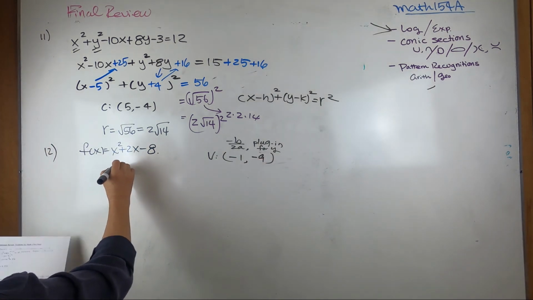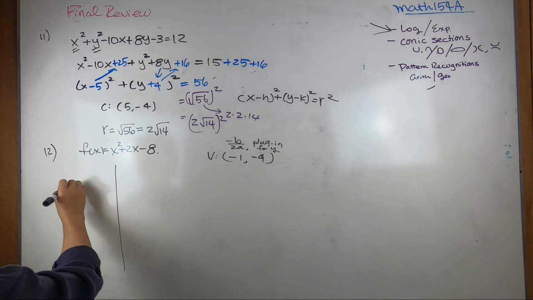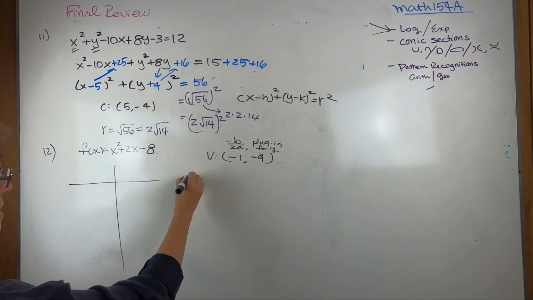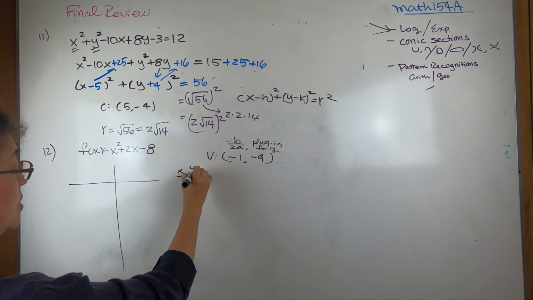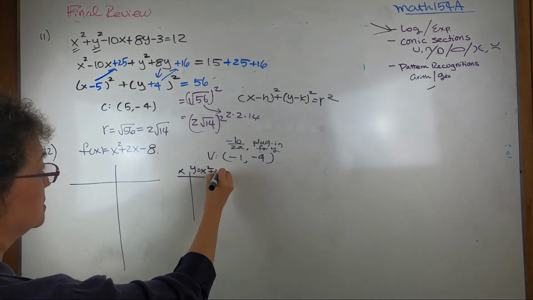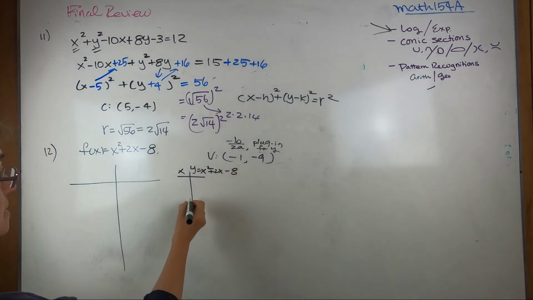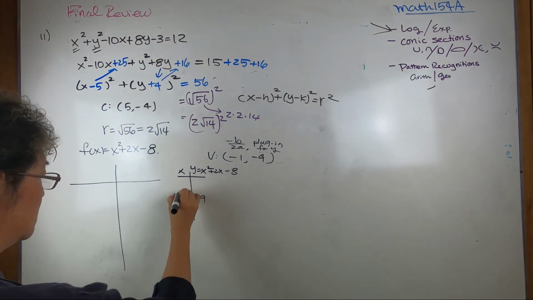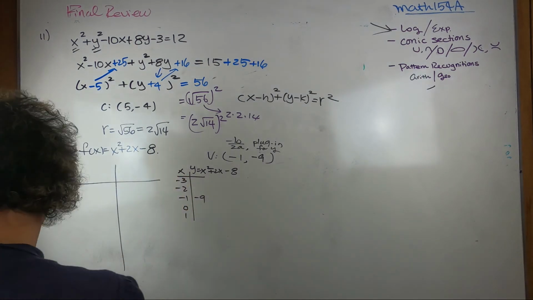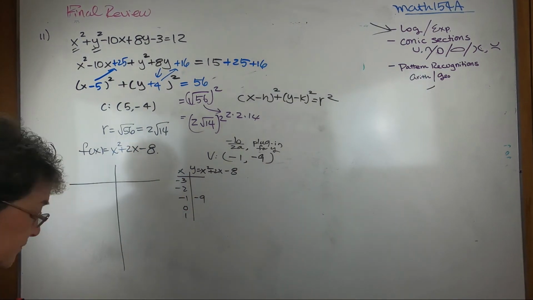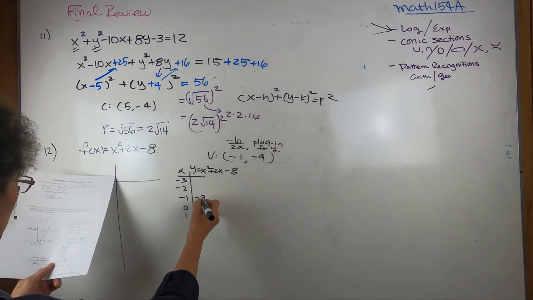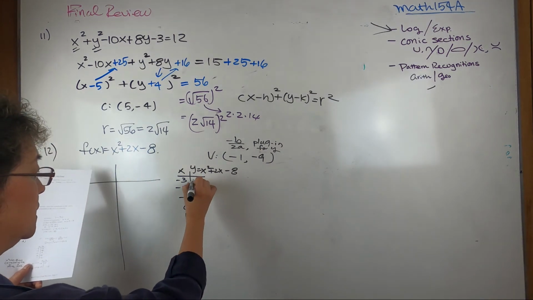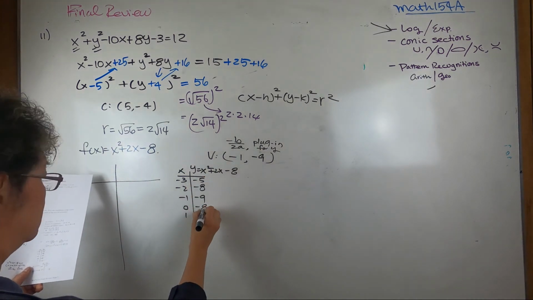So when we graph it, the t-table will be what? Y equals x squared plus 2x minus 8. So you put -1, -9, 0, and 1, -2, -3, right? Okay. When you plug in, you should have all those numbers.